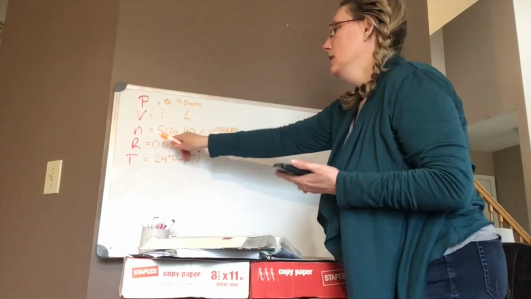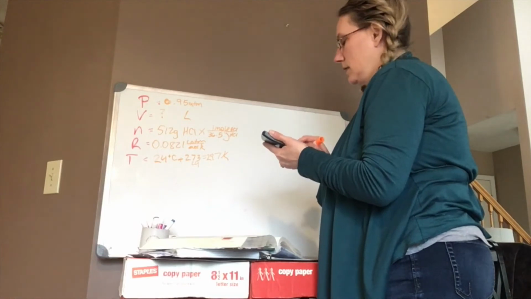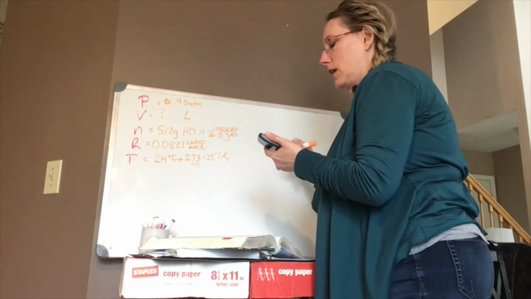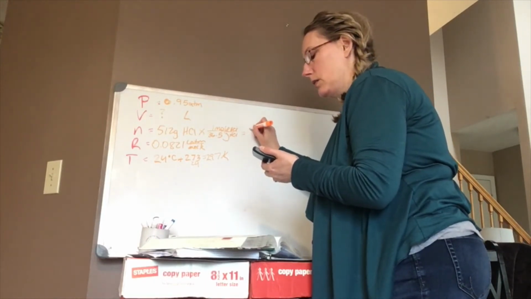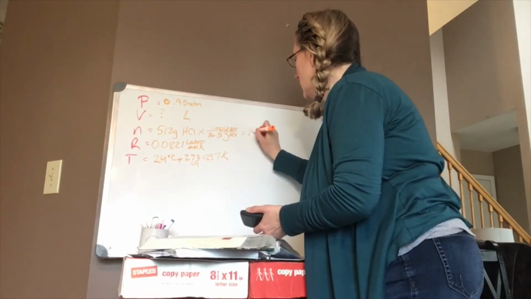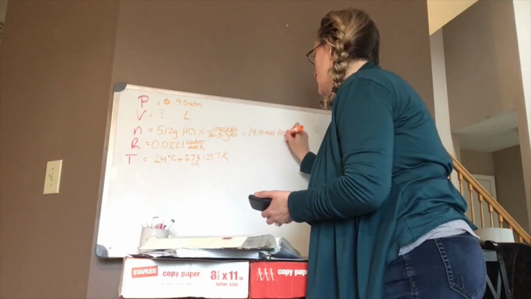So if I take 512 and divide it by 36.5, I get 14.0 moles of HCl.